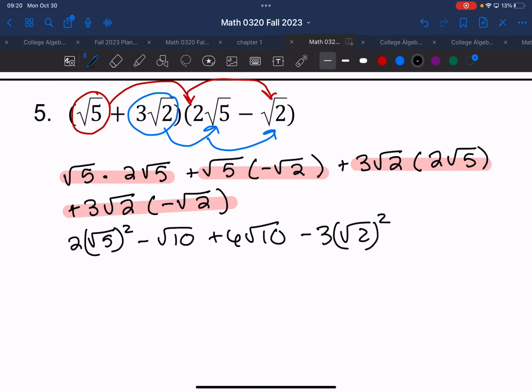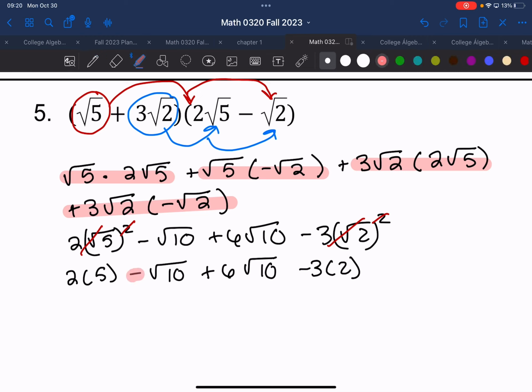Okay. What's going to happen to the square root of 5 squared and the square root of 2 squared? Cancel. So we're left with 2 times 5 minus square root of 10 plus 6 square roots of 10 minus 3 times 2. How can we combine negative square root of 10 plus 6 square roots of 10? What would that become if we combine them? 5 square roots of 10.